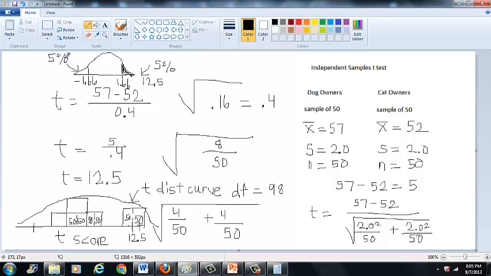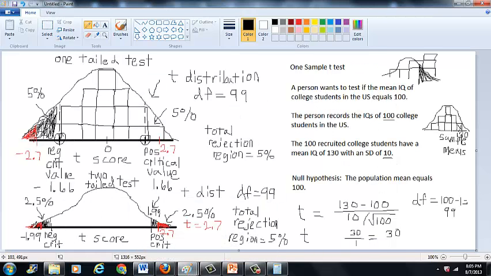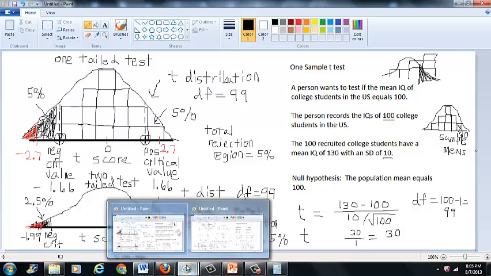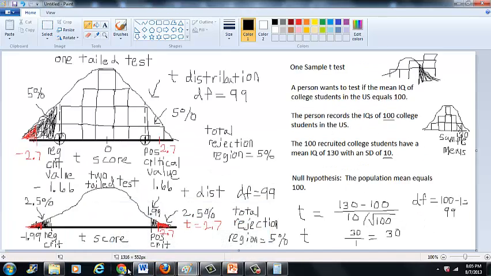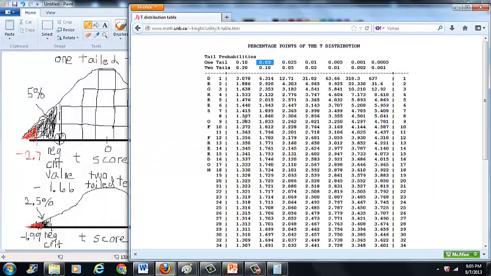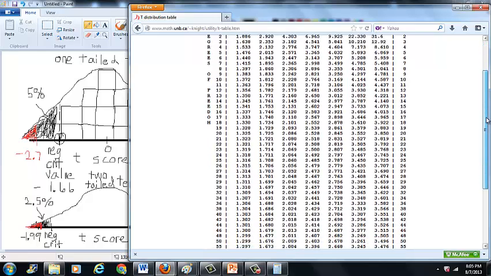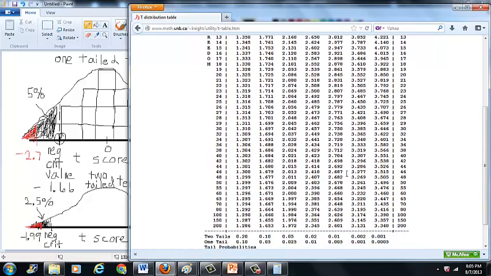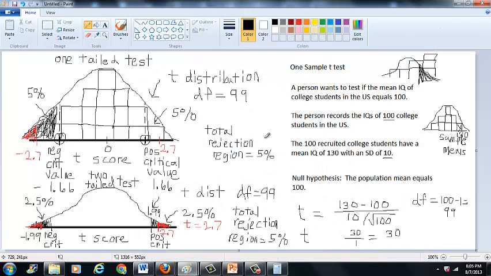Remember, a two-tailed critical value is whatever critical value has 2.5% beyond it. So let's see what that would be in our t-table. In a two-tailed test, you go to where two-tailed is 0.05, and you go down to our degrees of freedom, which is, we said 100, 1.98. It's about 1.98.